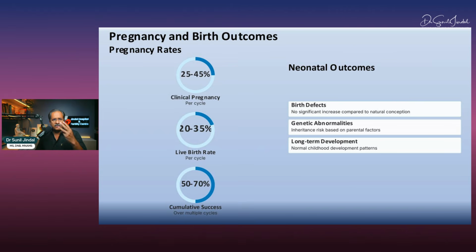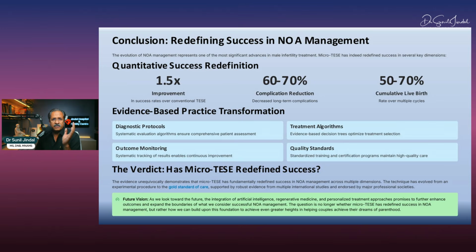Cumulative success rate after 3 cycles in patients like this could be 50 to 70%. If there is no significant birth rate increase, it is because of the innate genetic problem the man has. Genetic abnormality inheritance risk is based on the parental factor, normal childhood has been seen, and long-term development risks are not of major significance.